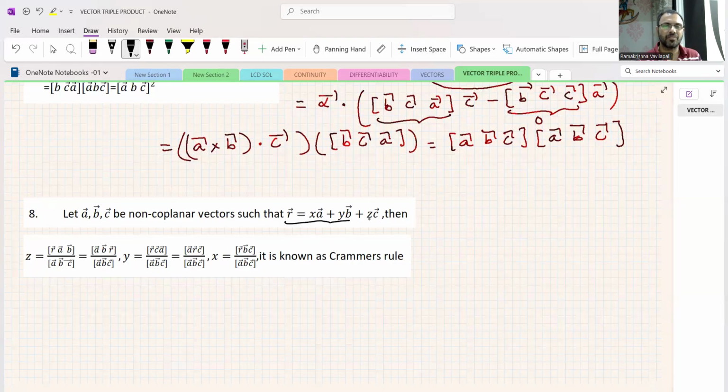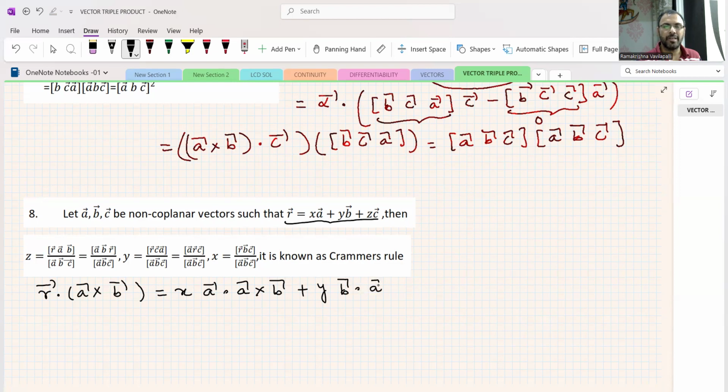This is the vector, right? So you take R bar dot A cross B. Then we get X into A bar dot A cross B, anyway they are perpendicular, plus Y into B bar dot A cross B, anyway they are perpendicular, plus Z into C bar dot A cross B. So on LHS, you will get box of R bar, A bar, B bar, whereas on RHS the first two are 0.